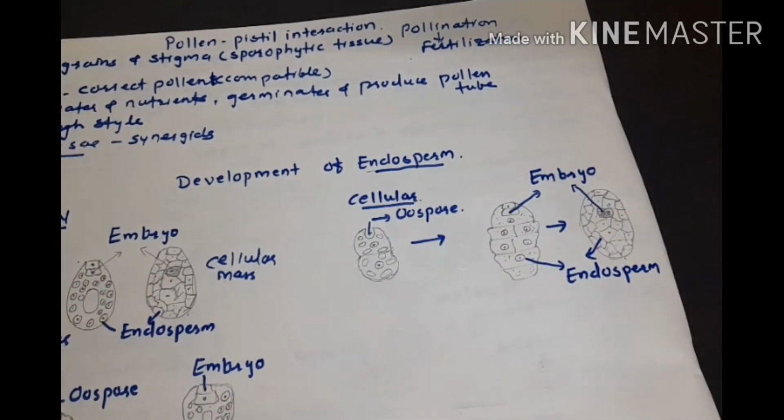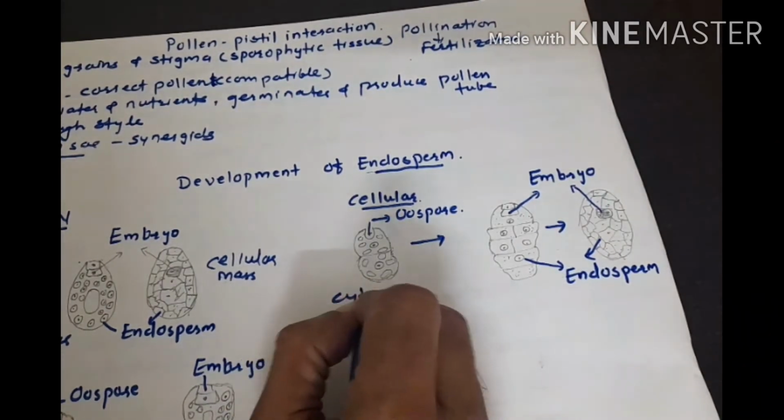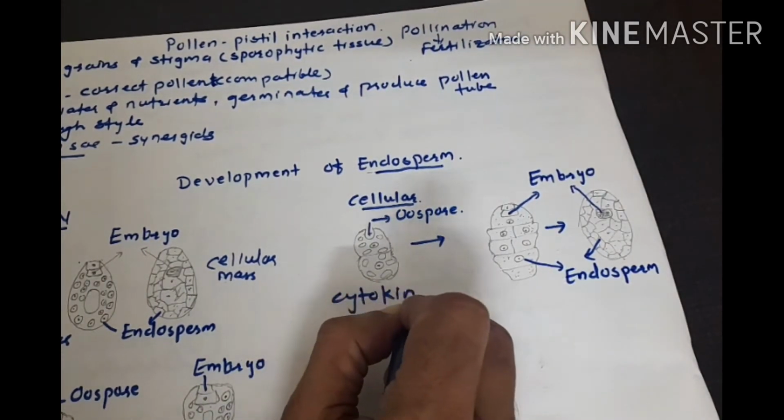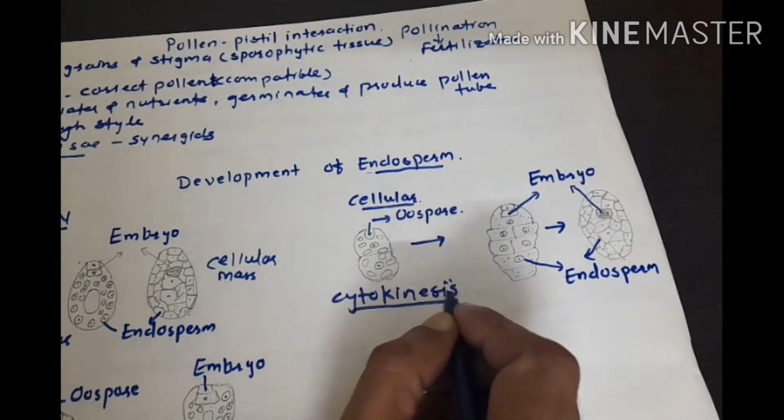The triploid primary endosperm nucleus undergoes nuclear division followed by cytokinesis. Now what is meant by cytokinesis?